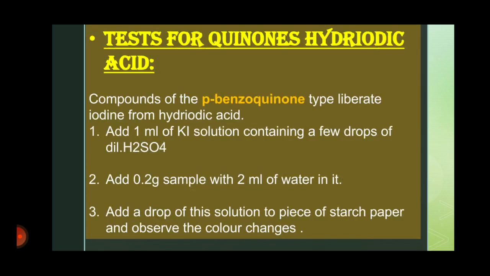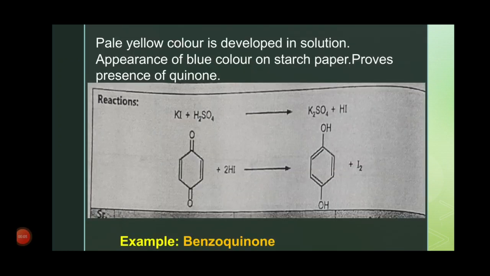Then the next test in neutral compounds is the test for quinones, which is hydroiodic acid. Compounds of the para-benzoquinone type liberate iodine. Let's see the reaction. Add 1 ml of potassium iodide and 1-2 drops of dilute H2SO4.